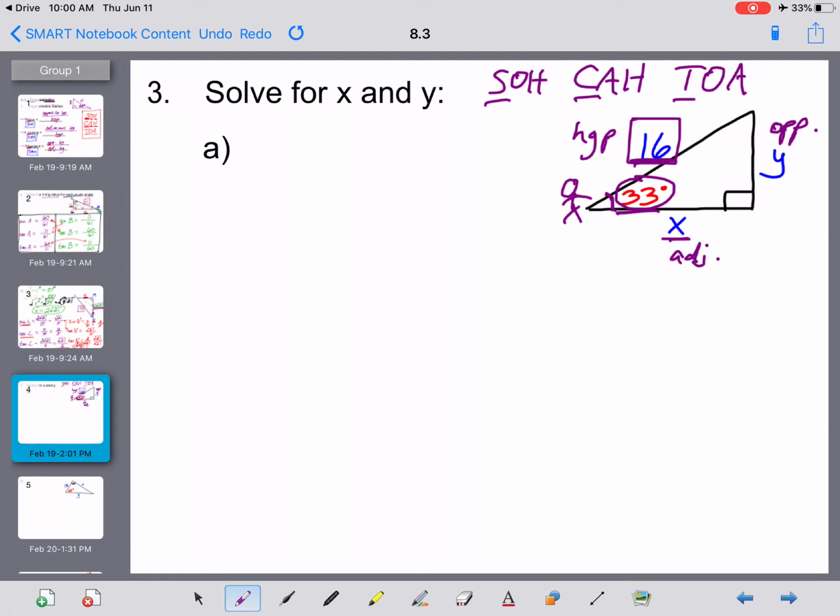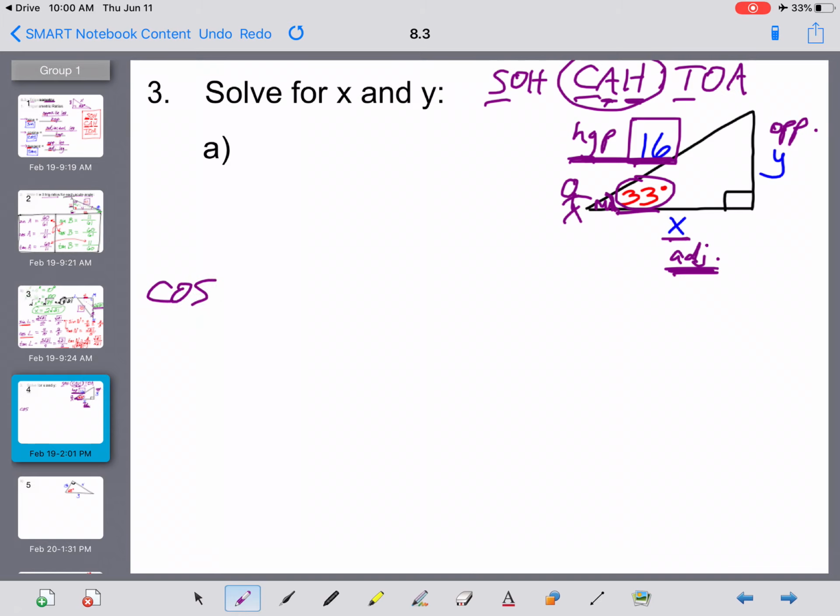We can't use y because we don't know that either. We need to use adjacent and hypotenuse. So we go up to SOHCAHTOA, and the only one of the three ratios that uses adjacent and hypotenuse is the cosine ratio. So this is a cosine problem.